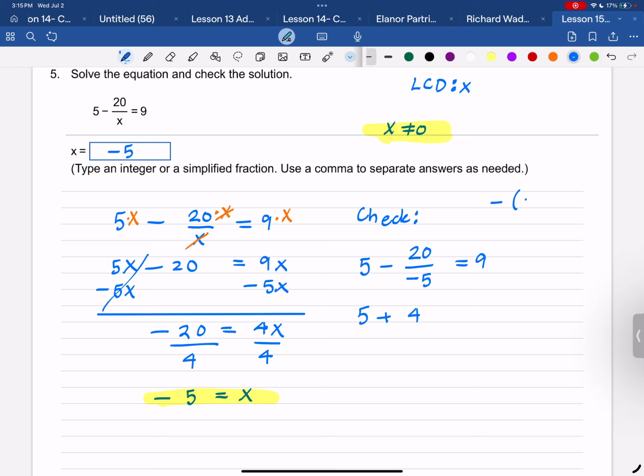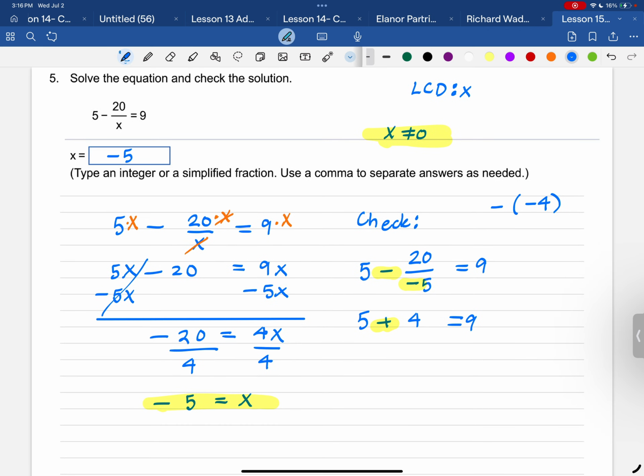Minus a negative 4 because 20 divided by negative 5 is negative 4, but I've got that double negative, a minus and a minus. That makes that plus. 5 plus 4 equals 9. That's my correct answer. So it's always nice to check. You don't have to do it every time. If you get 2 answers, you can check just one, but you should practice checking so that when you take a test, you can check your own work on these kinds of problems.